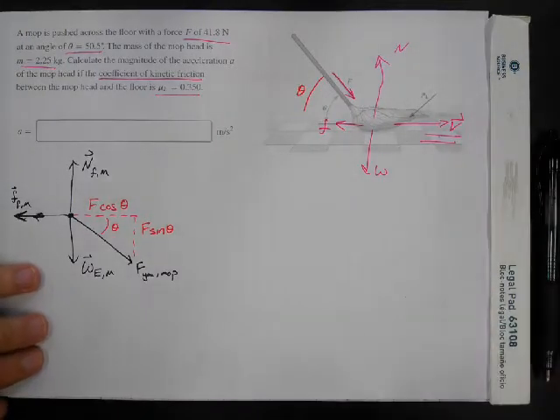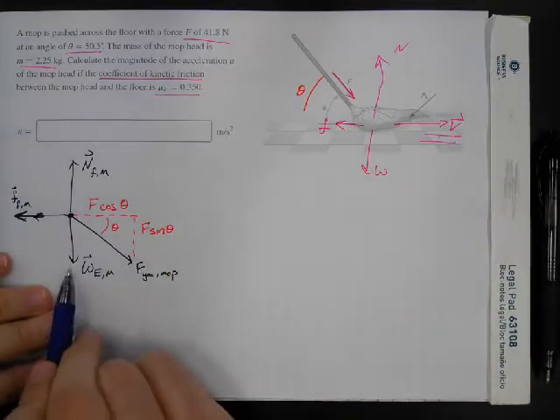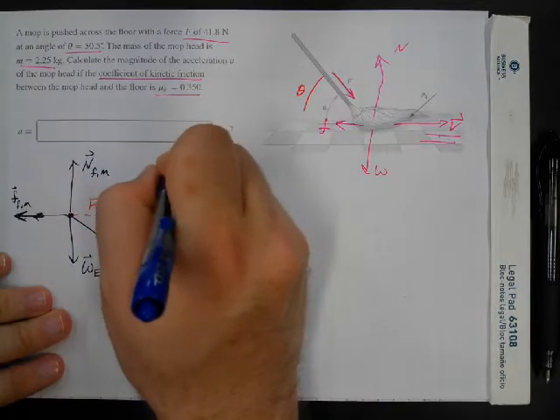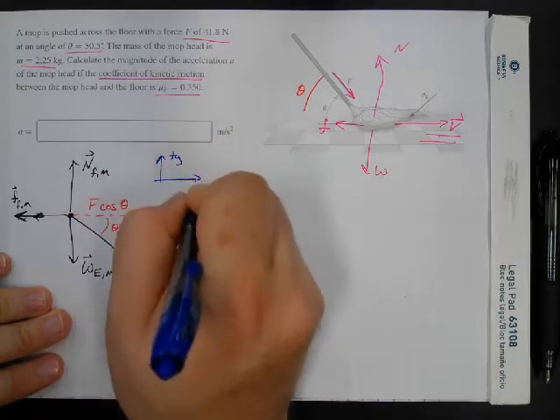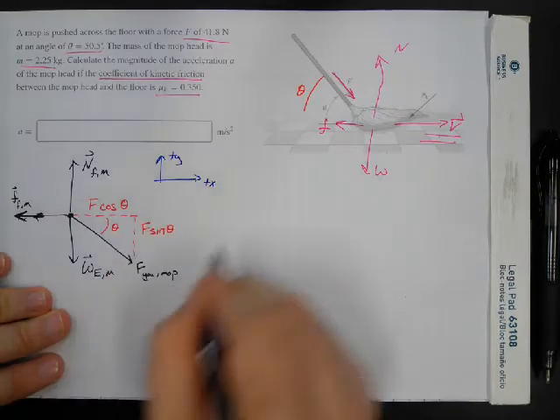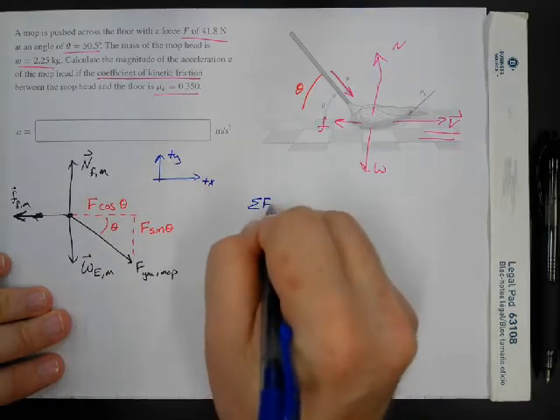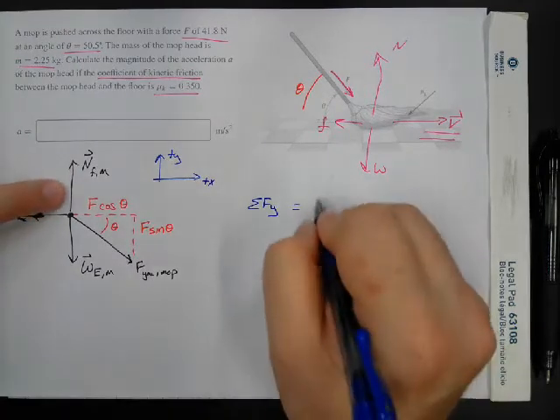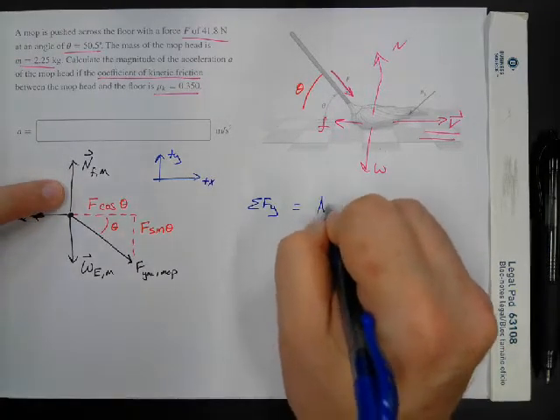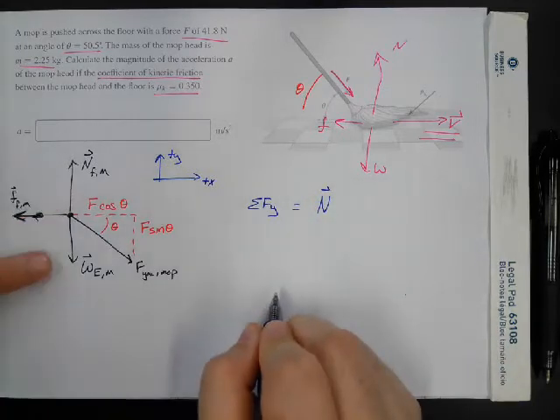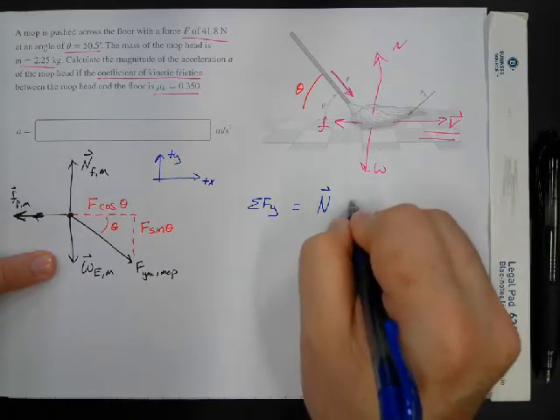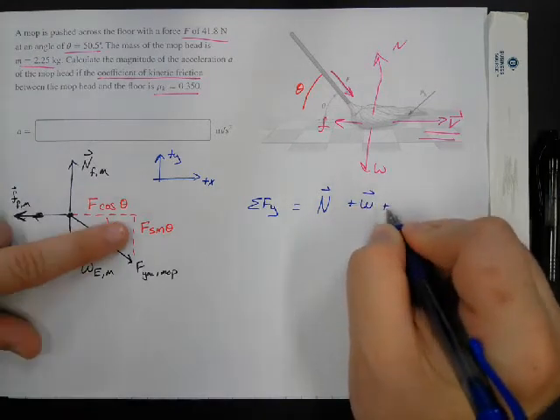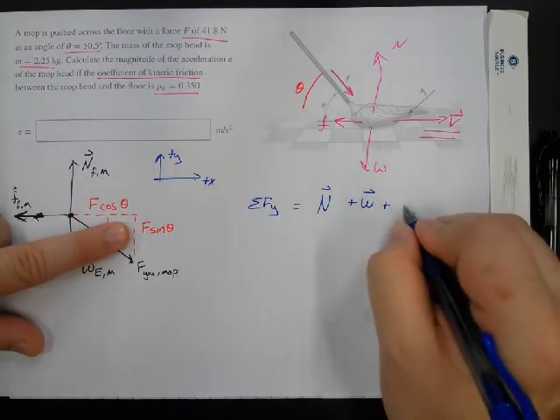So now we can do Newton's second law. We're going to do the y direction first, and we're going to take up as plus y and across as plus x. So we'll do the sum of the forces in the y direction. In the positive direction, we have the normal force. In the negative direction, we have the weight force plus this F sine theta component of the applied force.